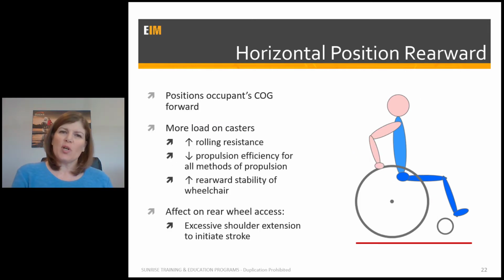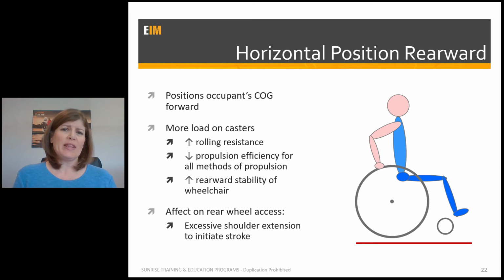If I'm using a wheelchair where my rear wheels are in a more rearward position, or if I have a custom folding wheelchair where an adjustment hasn't been made yet to the rear wheel, those rear wheels are in a more rearward position. So the person's center of gravity, which is roughly at the level of the belly button in a seated position for a number of people, is more forward. And so I'm actually putting more loading through those front casters, and I'm not putting enough loading through those rear wheels.